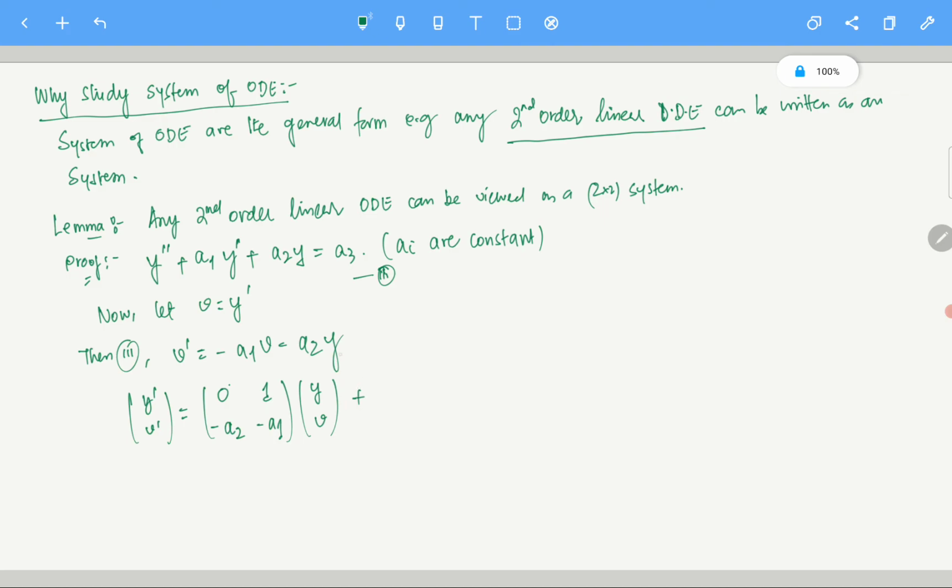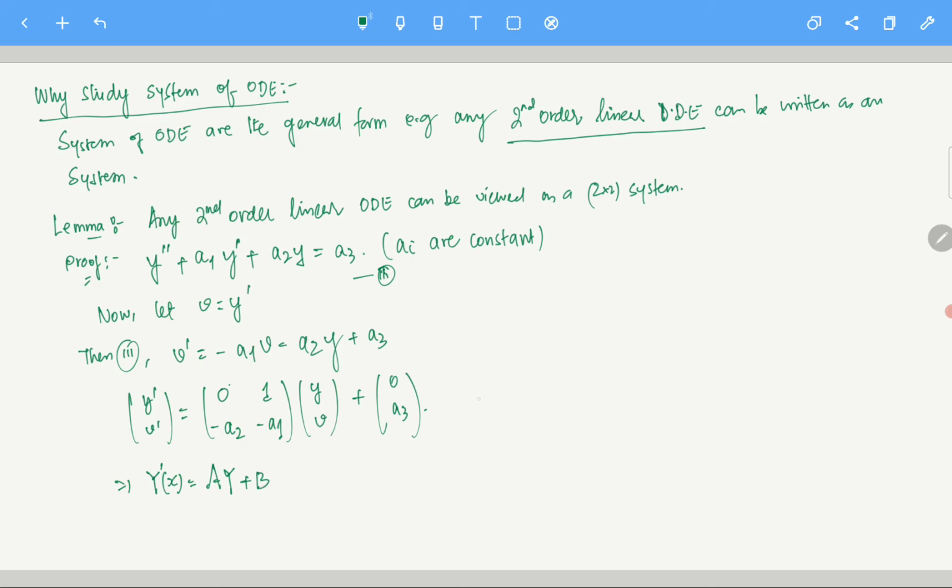Plus of course, a3 is there, and you can accommodate it as 0, a3. Sorry about the noise. So essentially, it will look like this. Let's say that is your capital Y of x. This is your A matrix, so Y prime is A times Y plus b.